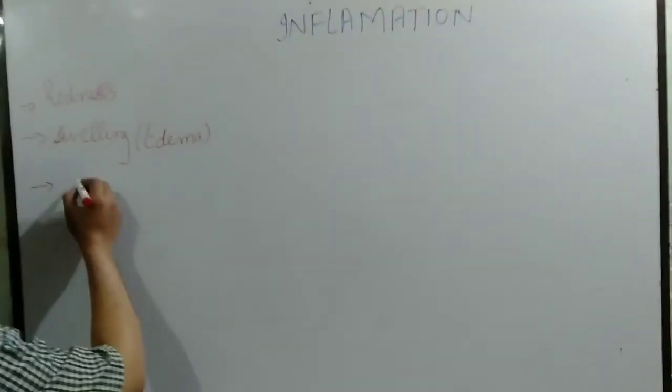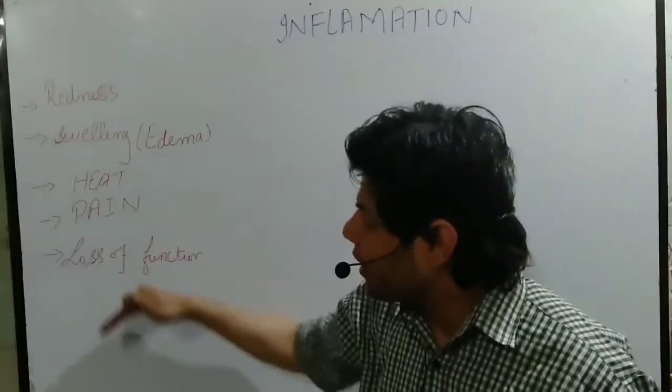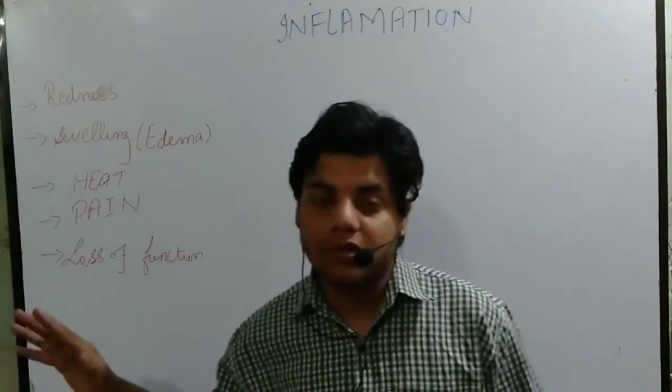Third, we have heat. Fourth, we have pain. And then we have loss of function. So these are actually the main signs and the main characteristics of inflammation.